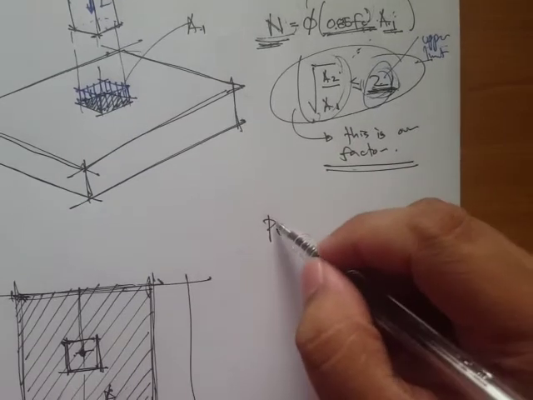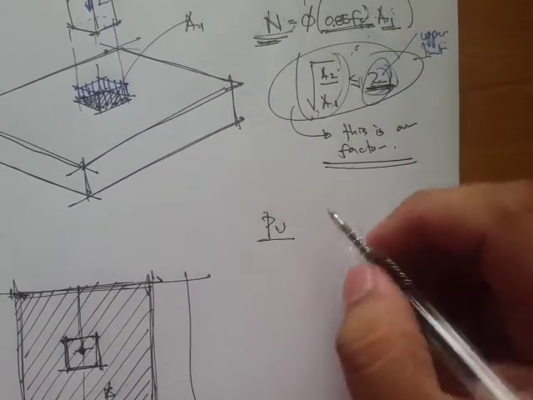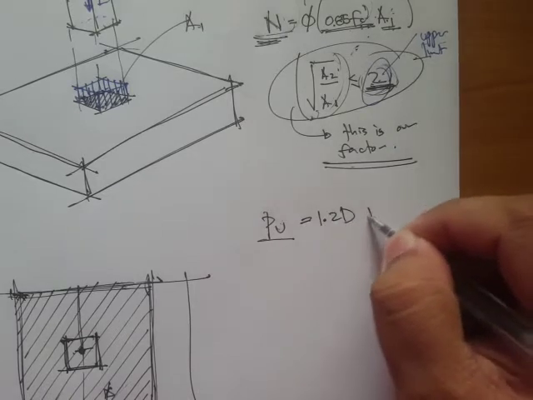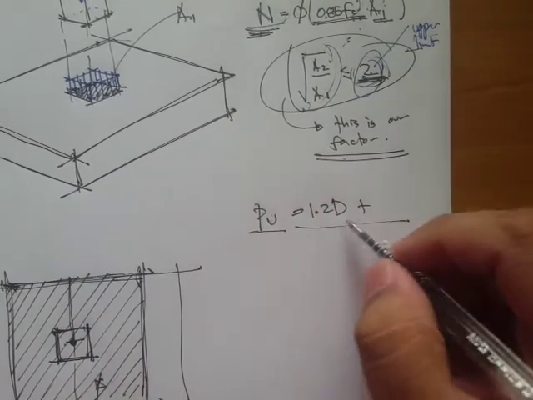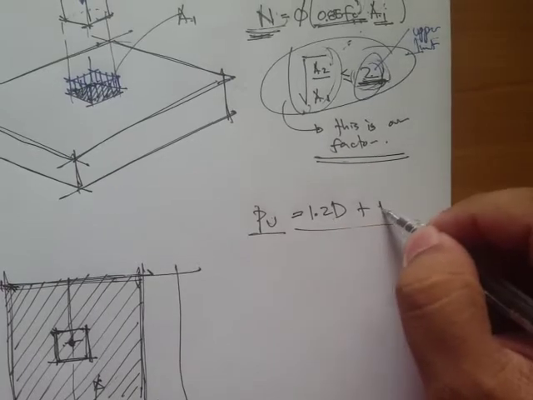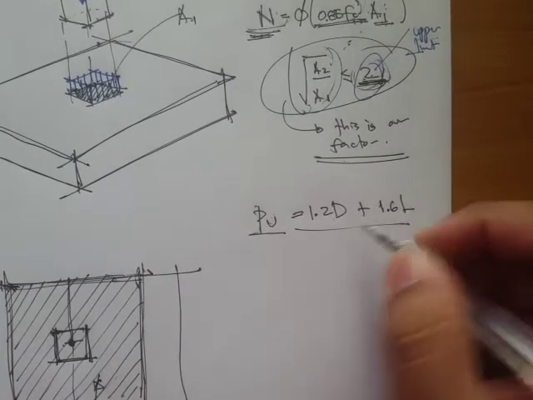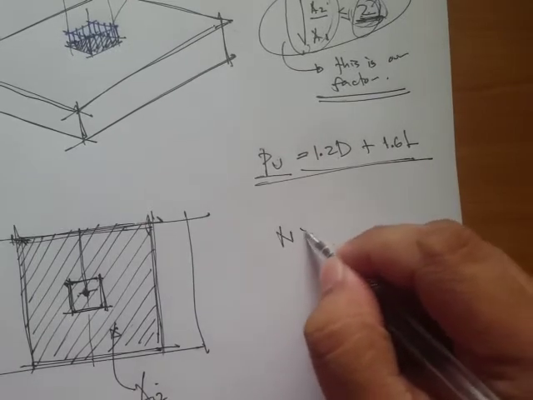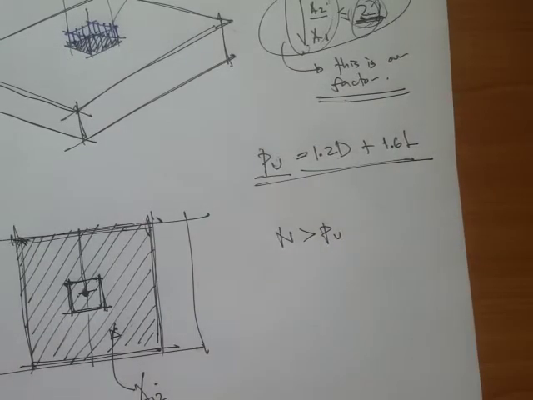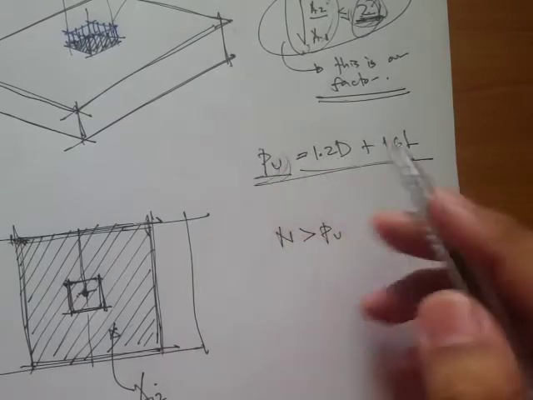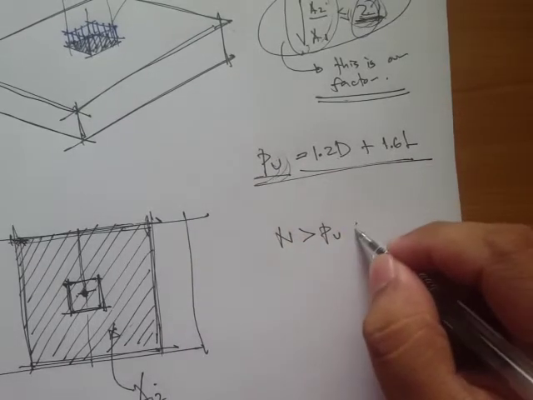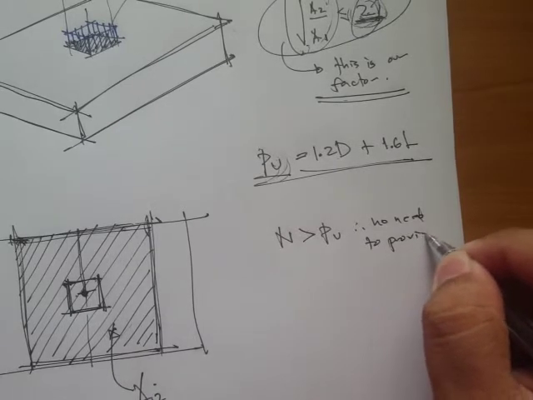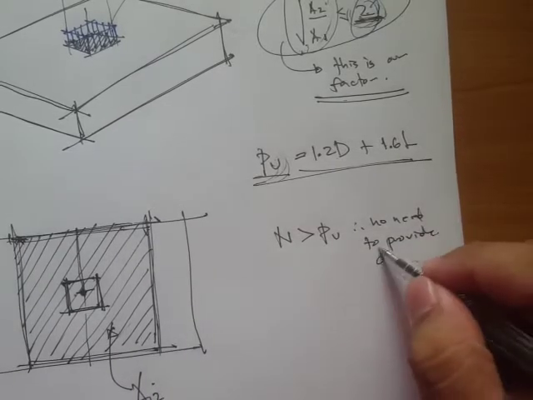We apply the combined load of 1.2 dead plus 1.6 live. Now, if N is greater than the factored load, then no need to provide dowels.